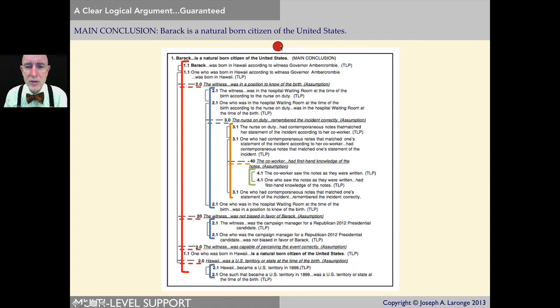Barack is a natural-born citizen of the United States. Main conclusion. And here you have 1, 2, 3 premises, inferentially linked premises that bring this conclusion. All the 1-1s right here, those 3.